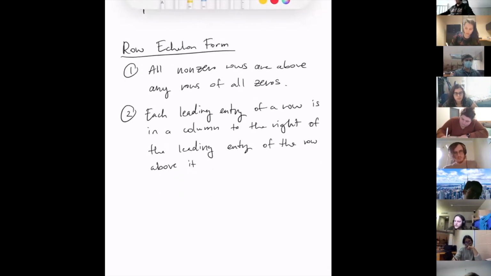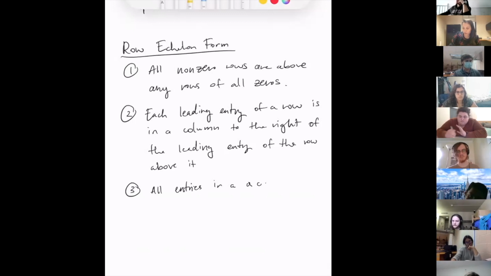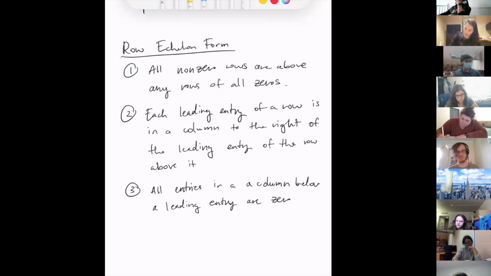So we'll see that in a second. And then all entries in a column below a leading entry are zeros.